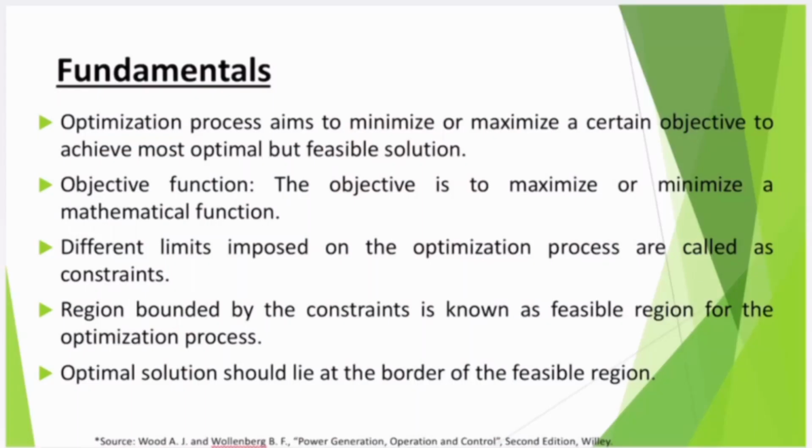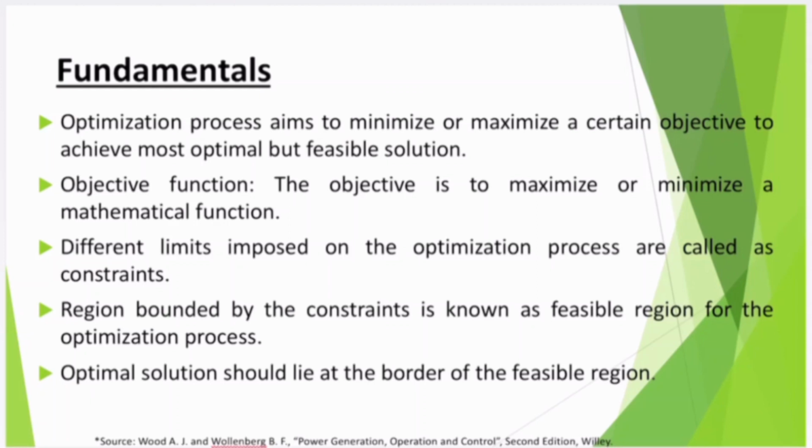Now, the optimization process aims to minimize or maximize a certain objective to achieve the most optimal but feasible solution. You need to have a function, normally called the objective function, and that objective function could be a linear or nonlinear function. Most likely it is nonlinear, and it needs to be either minimized or maximized.